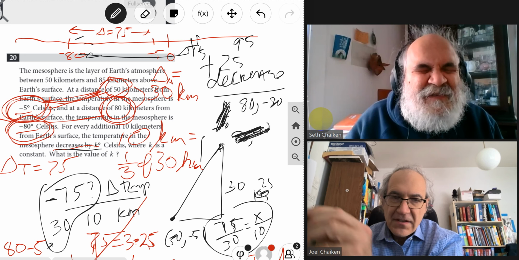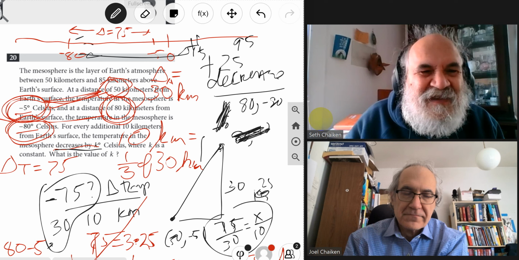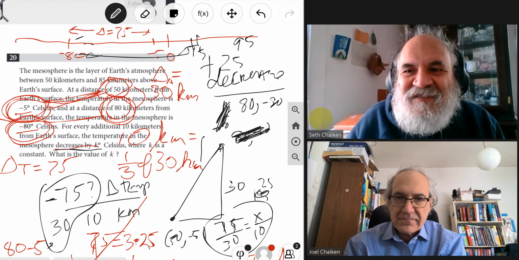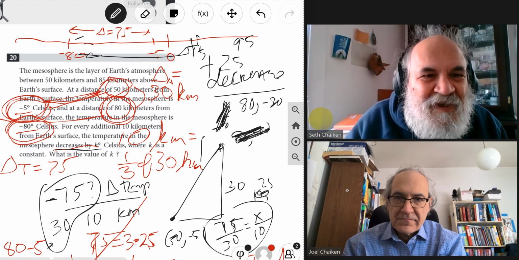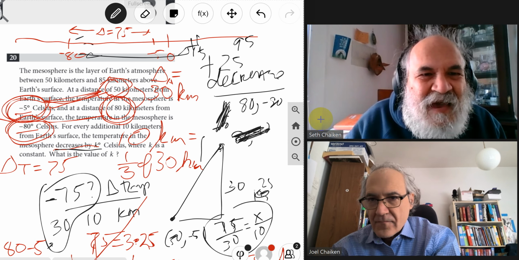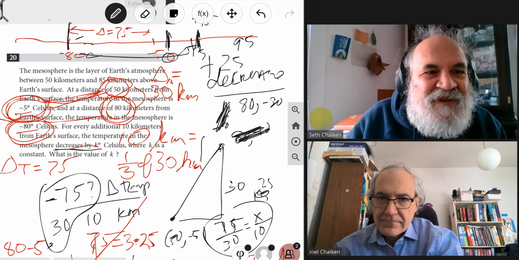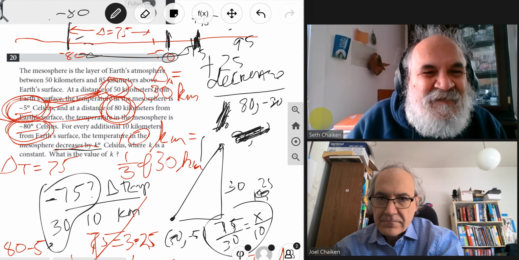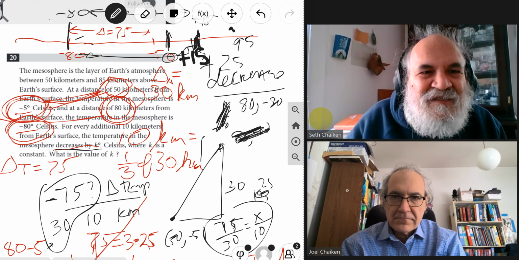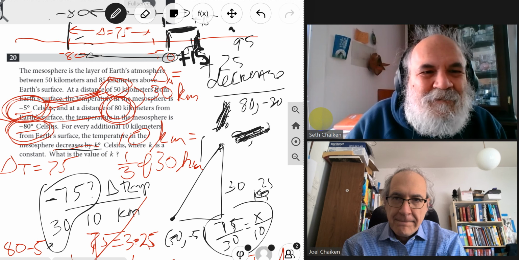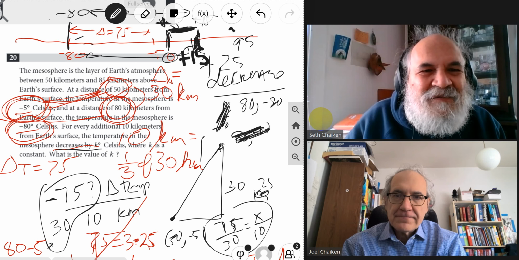If this is a different situation: there's 0, and this happens to be +15. And then we have a point here, which is -80. The difference is composed of this amount plus this amount plus this amount.